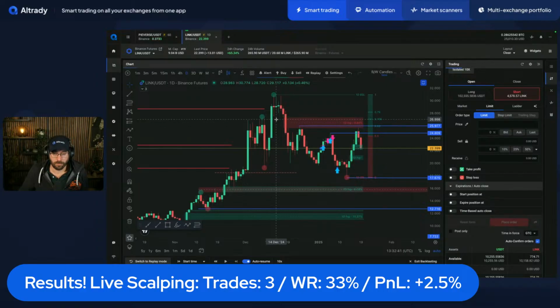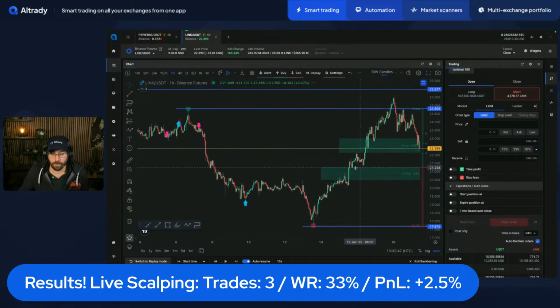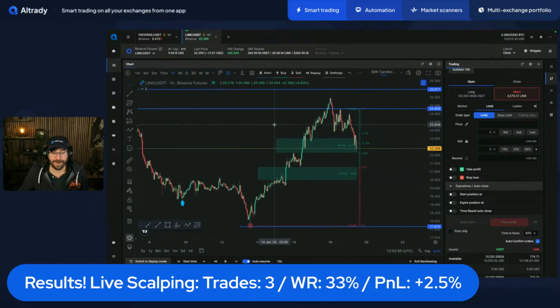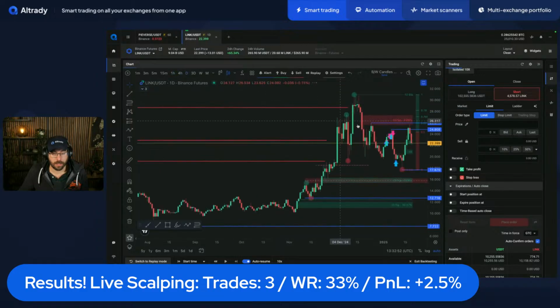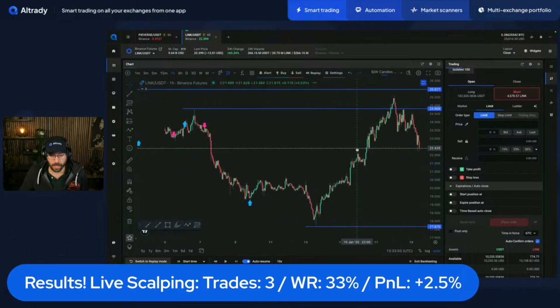But we just need to see what happens because it's hard to predict. But in any way, there is no daily shift. Right here we had the daily shift, and we could see the hourly shift. So we could go long at least once.